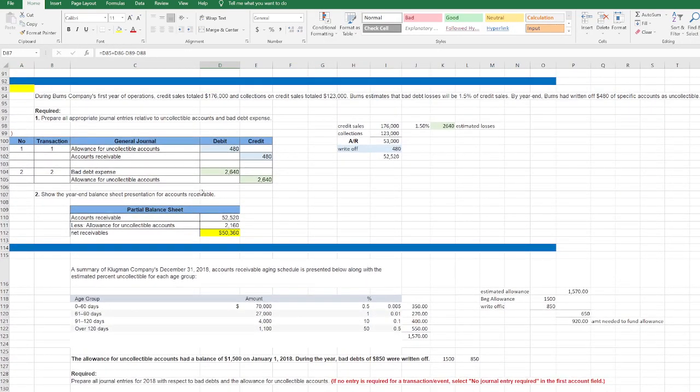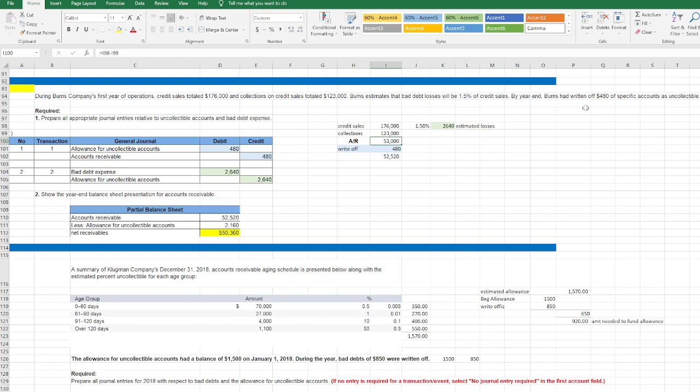The Burns Company, first year of operations, total credit sales of 176,000, and collections on the credit sales were 123,000, leaving us accounts receivable of 53,000. But wait, we're not done. Burns estimates bad debt loss of 1.5%. So 176 times 1.5% is 2,640.